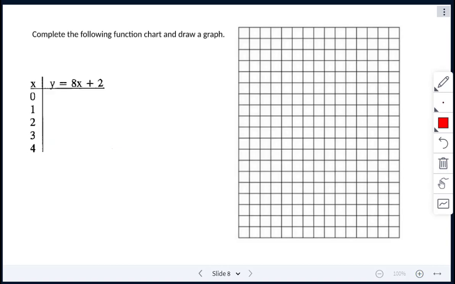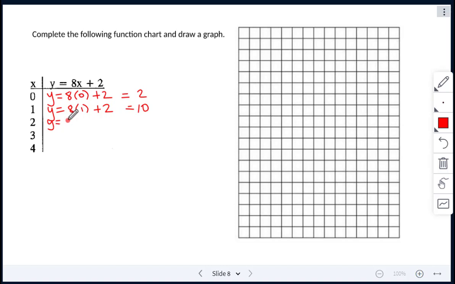Okay, so this is the one we had already done previously, but I'm just going to quickly do it again for review. So we have 0 for x. 8 times 0 is 0, plus 2, so this was 2. Next we had 8 times 1 plus 2, which gave me 10.